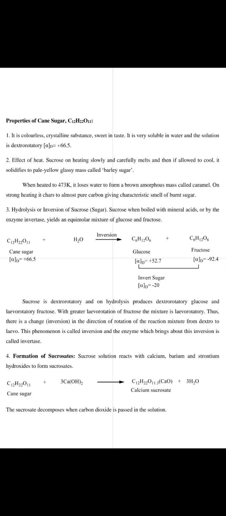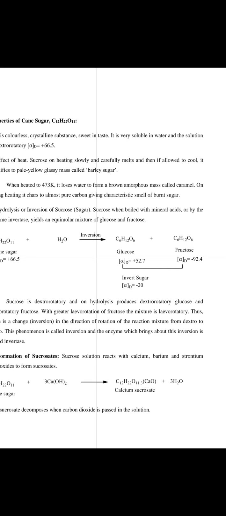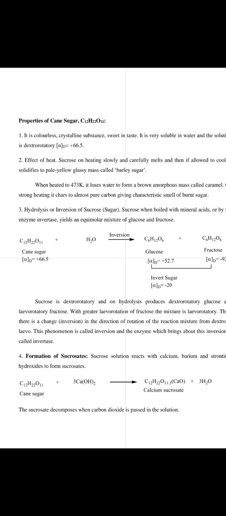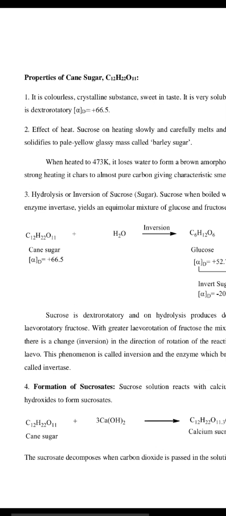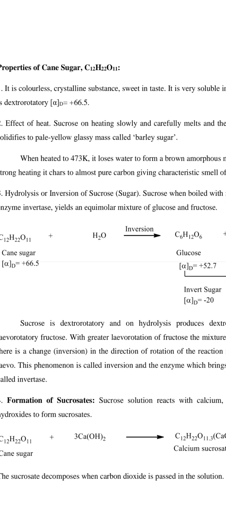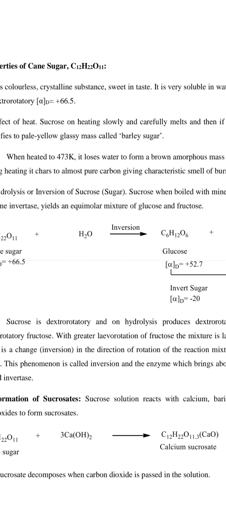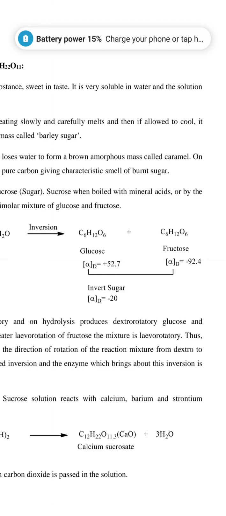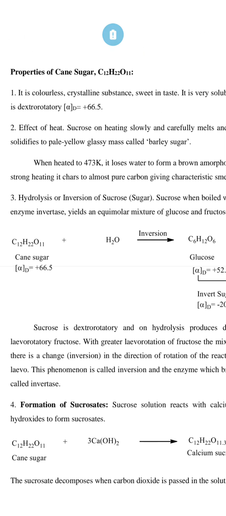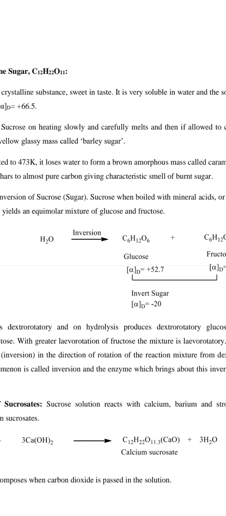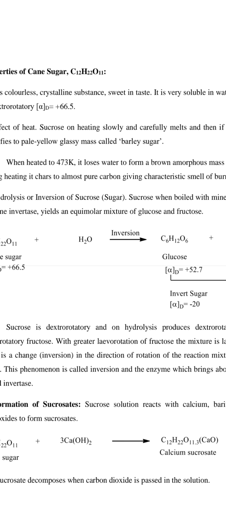Effect of heat: sucrose on heating slowly and carefully melts, and when it is allowed to cool, it solidifies to a pale yellow glassy mass called barley sugar. When heated to 473 K, it loses water to form a brown amorphous mass called caramel. On strong heating, it is charred to almost pure carbon, giving the characteristic smell of burnt sugar.